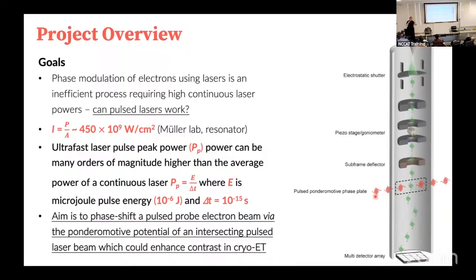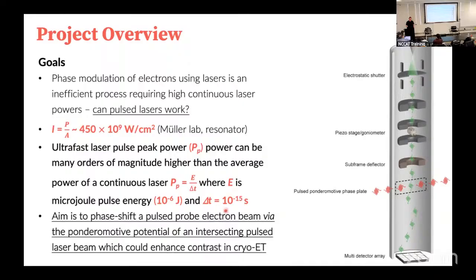If we can synchronize it in this way, the big advantage of pulse lasers is that we can use a very, very low average power. So we can use a 20-watt laser. And if power is just energy over time, you can use a microjoule pulse energy, so per photon packet.